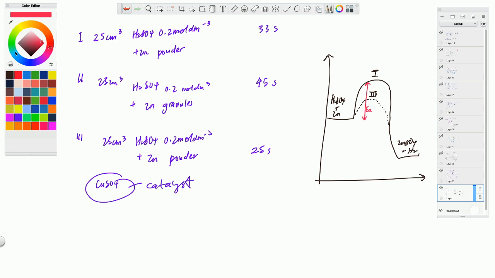And the activation energy for 3 would be here. And you're supposed to label it EA dash. Right? Okay, like that you get 4 marks. So easy. So nice, right? Just draw something. And they even give you an example.